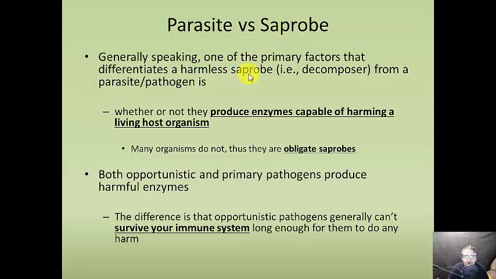So one of the general differences between a harmful and a harmless microbe is the types of enzymes that they produce. If they produce an enzyme that interacts with their host in a negative way, then it generally makes them a parasite. If they don't produce any enzymes like that, and their enzymes don't have any negative interaction, then they're not harmful, and we refer to them as a saprobe.